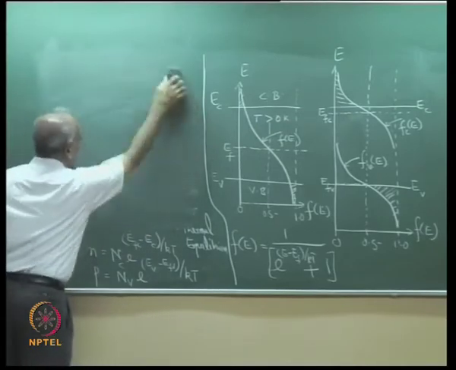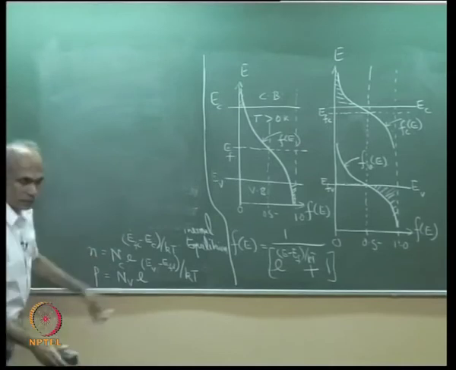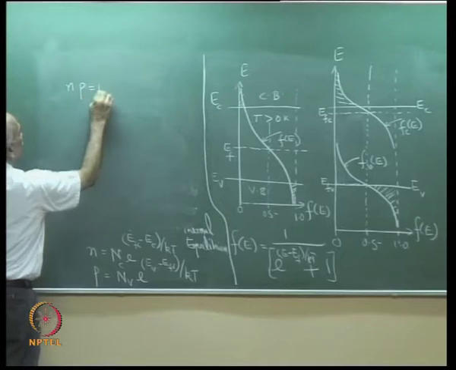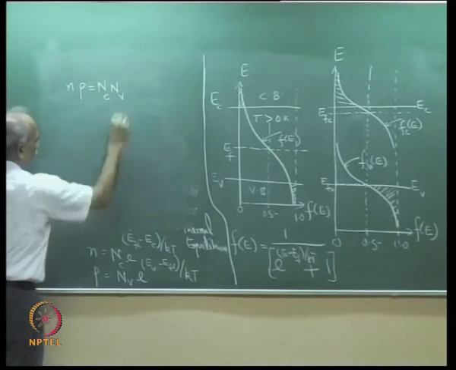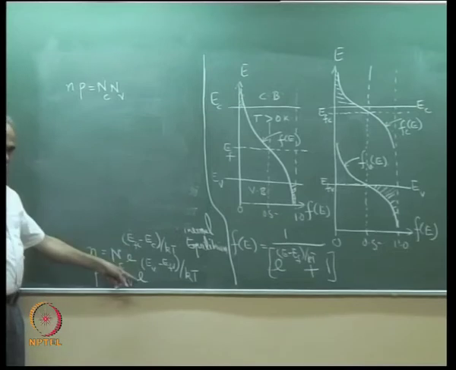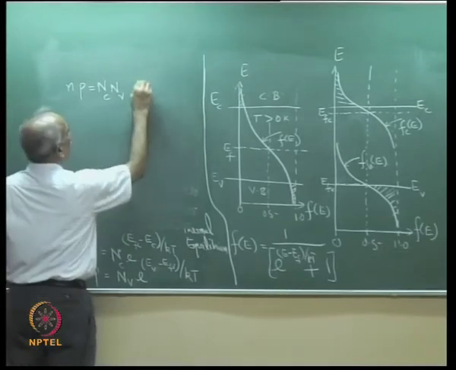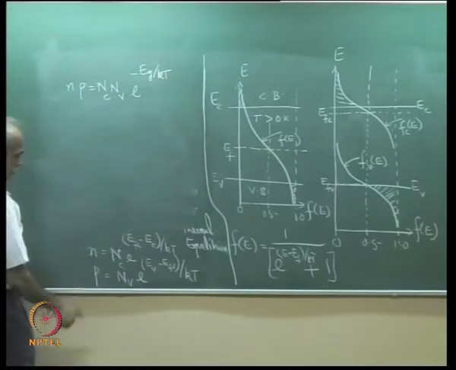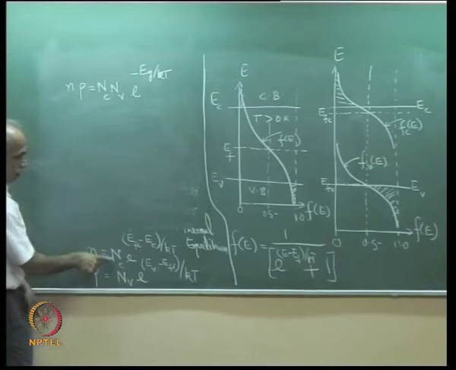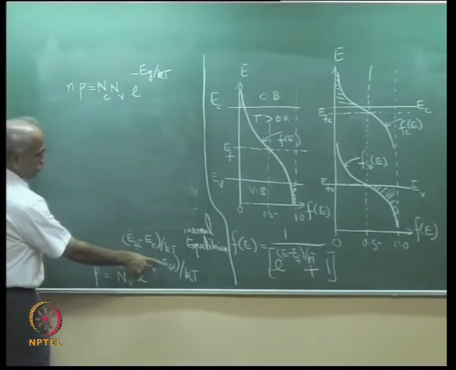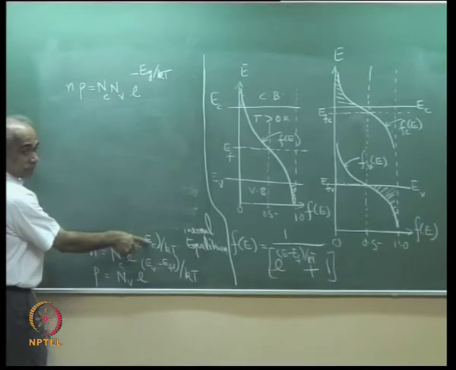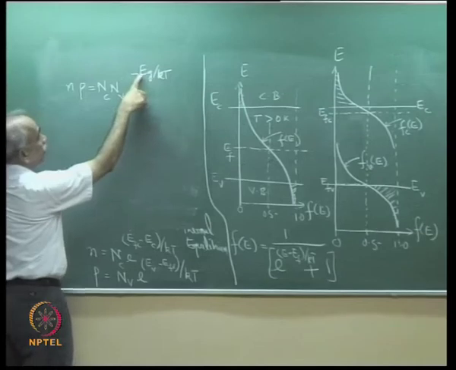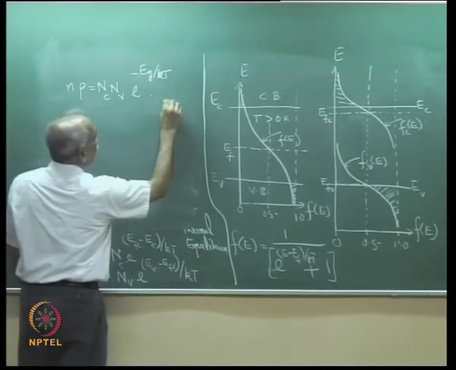Let me write the two expressions again, because it's a little congested there. And therefore, N into P is equal to Nc into Nv into the product of these, e to the power minus Eg by Kt. N into P is Nc into Nv, e to the power Ev, e to the power minus Ec. Therefore, it is minus Ec minus Ev, therefore minus Eg by Kt into, what do we have?